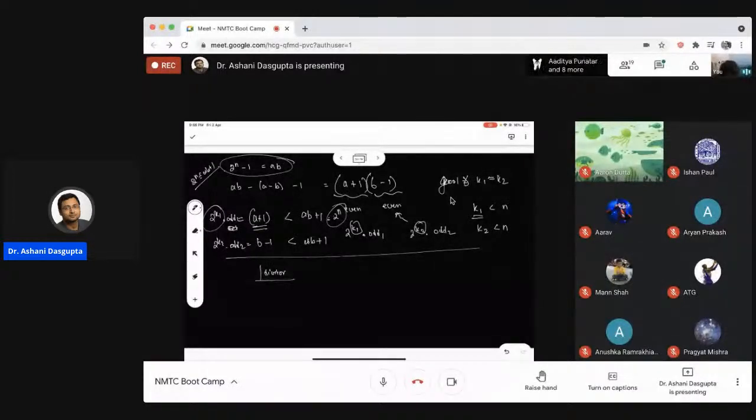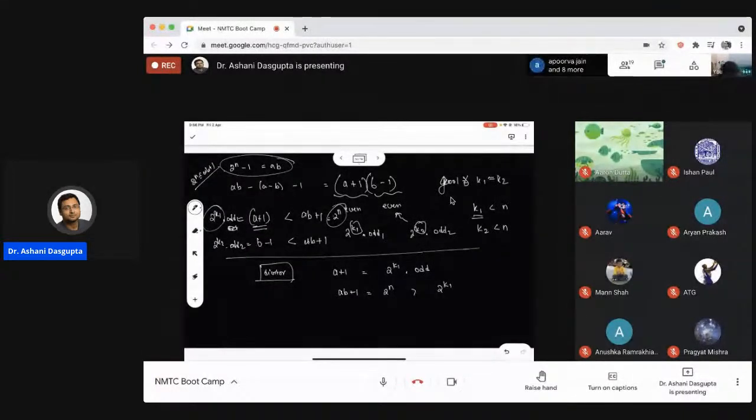We know that a plus 1 is equal to 2 to the power k1 times odd, and we know that ab plus 1 is equal to 2 to the power n, which is greater than 2 to the power k1, right?